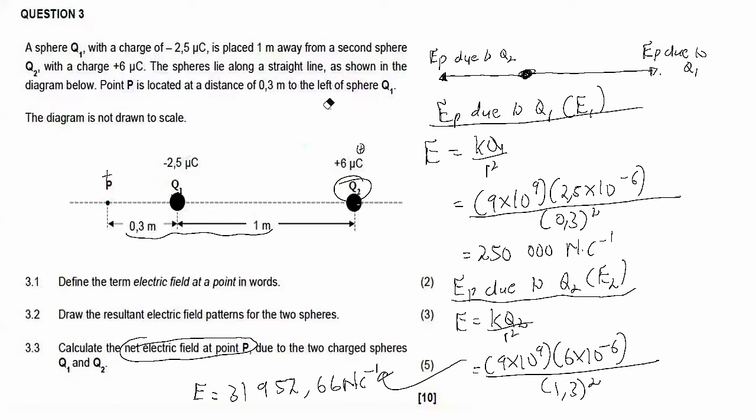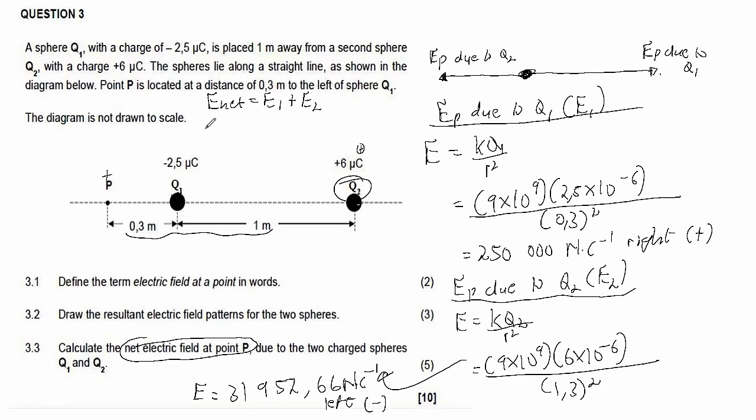this is what we do. So if this one, we say it is going to the right, and this one here is going to the left, then if we're taking right as positive and left as negative, E net equals E1 plus E2.